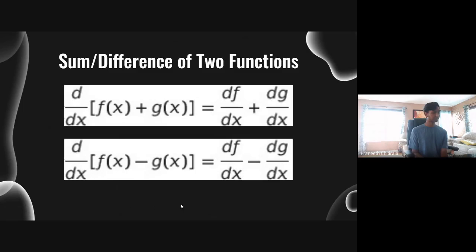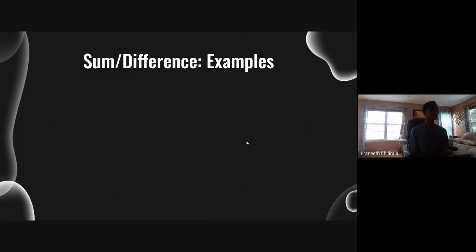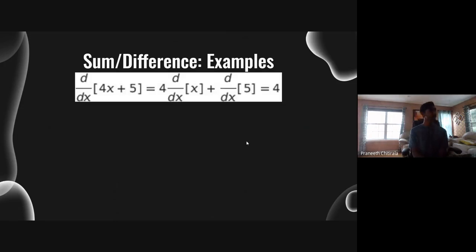Similarly with the difference, if you have f of x minus g of x, the derivative of this is just the derivative of f of x minus the derivative of g of x. So it's very simple. Just take the derivative of each individual function, and then you'll get the whole derivative as a whole. So let's look at some examples.